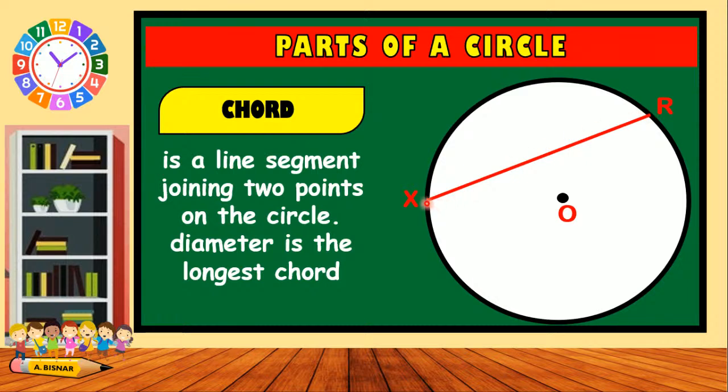As long as may pinag-connect ka na dalawang point na nasa circle, then it is a chord. For example, in here, segment XR. Yung X at yung R ay point na nasa circle.